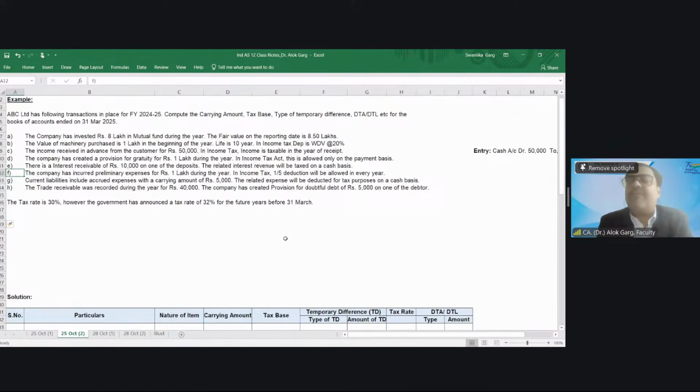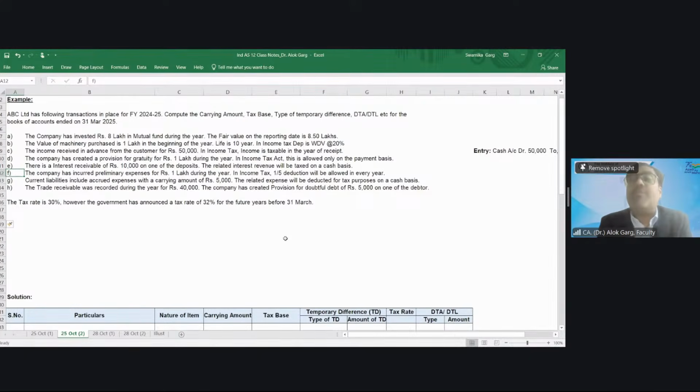It means whatever expense you have incurred, you are amortizing over a period of 5 years, right? In the Income Tax Act. But in the Companies Act, in Ind AS, in accounting standards, this amortization of preliminary expenses is not allowed. It was there 10, 15 years back, but now it is not there. So whatever preliminary expenses are there, they have to be charged to the P&L in the current year itself.